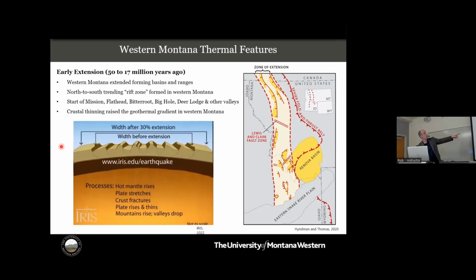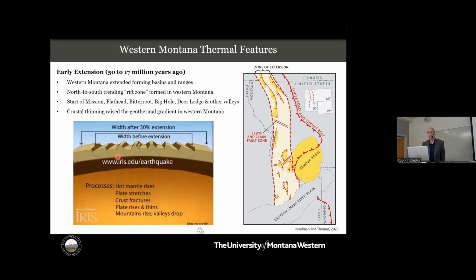The zone at which this happened, you can see in the graph on the right. There's a zone, we call it the rift zone or the zone of extension throughout western Montana, which is this area of collapse that started about 50 million years ago in formations of basins and ranges. Notice that each of these ranges is bound by vertical cracks that go deep into the earth.